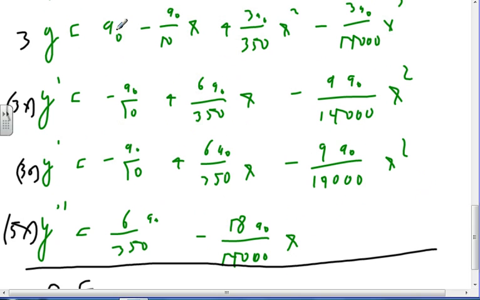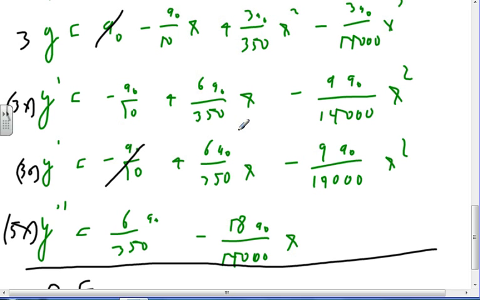So I have 3 A0s. I have minus 3 A0s. The A0 term goes away. I have minus 3/10. I have minus 3/10.